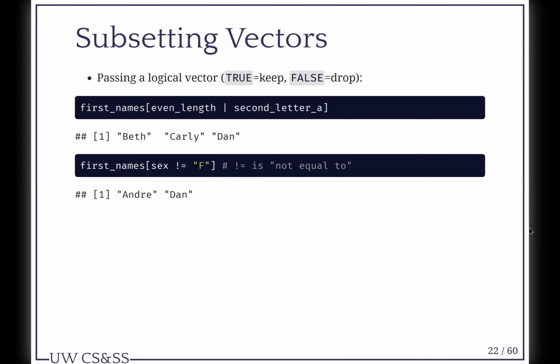We could also subset by a logical expression that has commensurate lengths of vectors. So here, first names subset by sex not equal to F. And what we receive back are Andre and Dan. Any questions there?